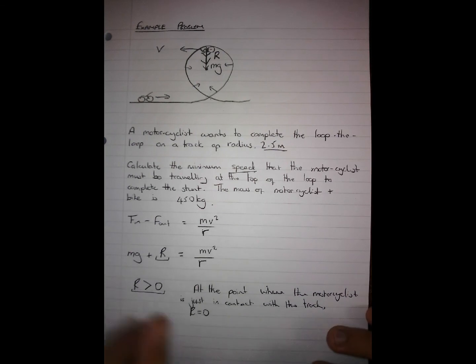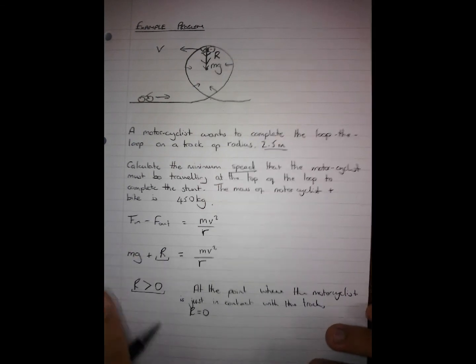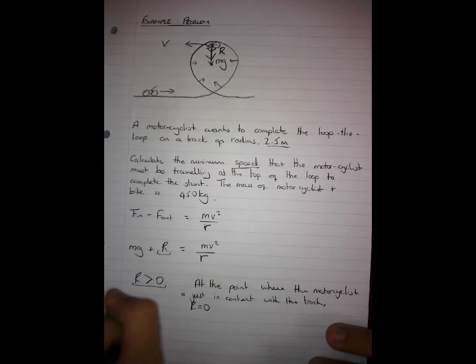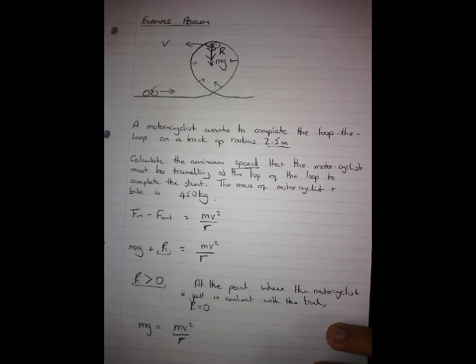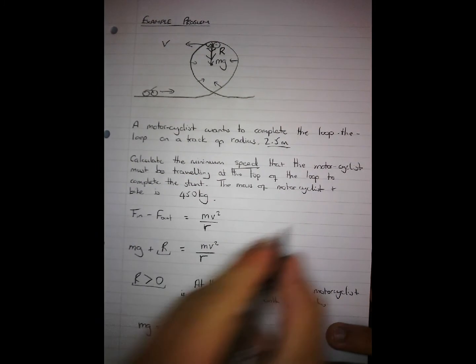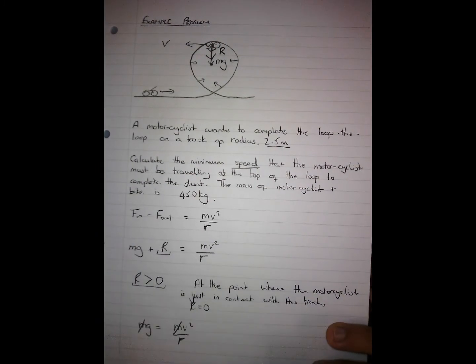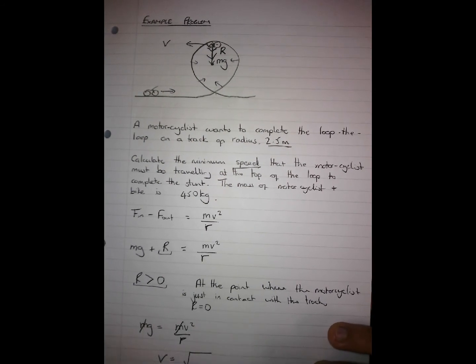So we then substitute that into our formula. So mg equals mv squared over r. Worth checking here, both these masses do refer to the mass of the motorcyclist and the bike, so it cancels. And we can then rearrange this equation to find that v is the square root of rg.